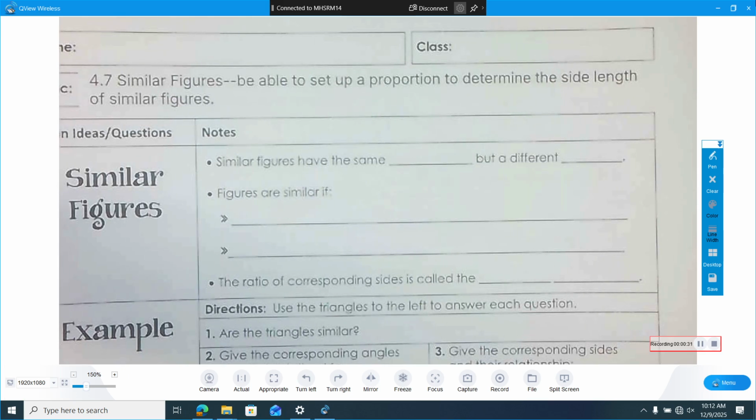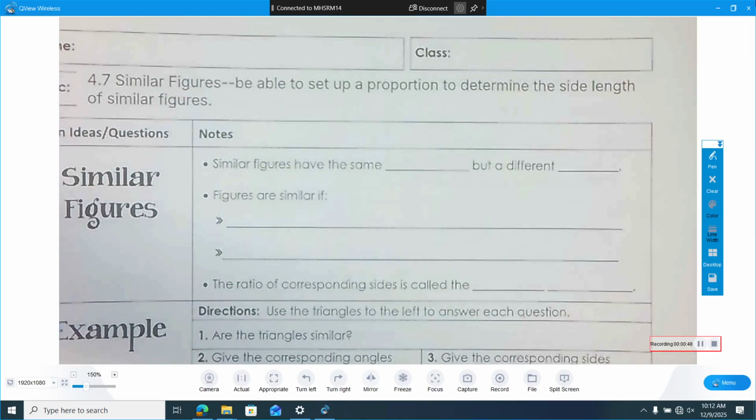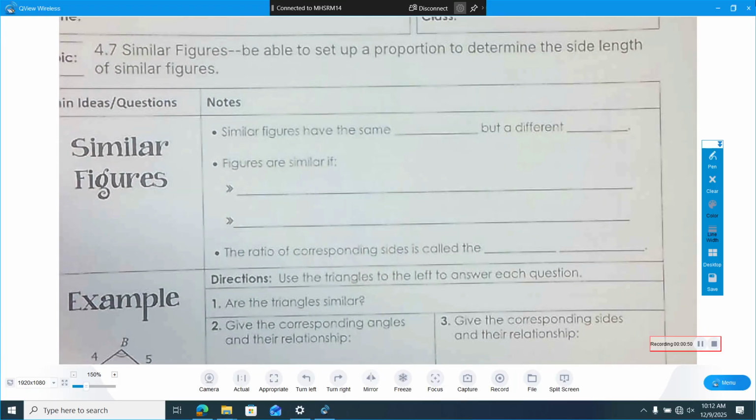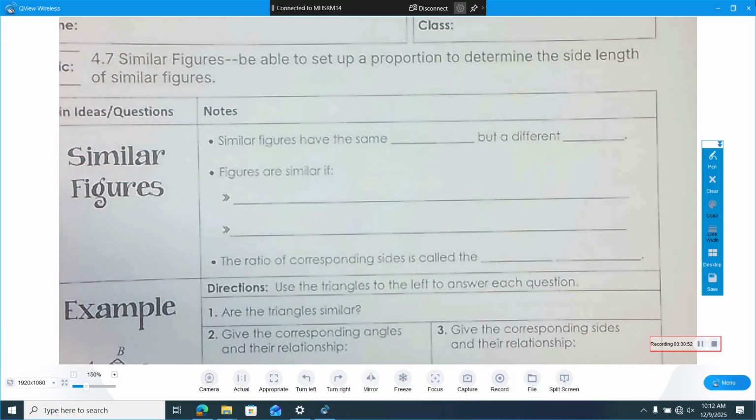We are looking today at similar figures, which again is basically going to be setting up a proportion. And if you keep your proportion organized, then it works out really neat. So today we're talking about similar figures. This is sort of the first geometry thing that we've done.